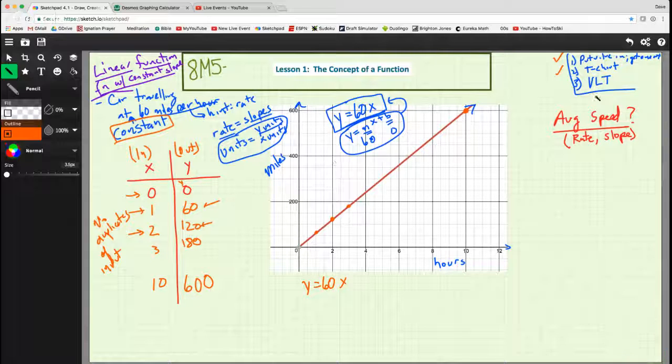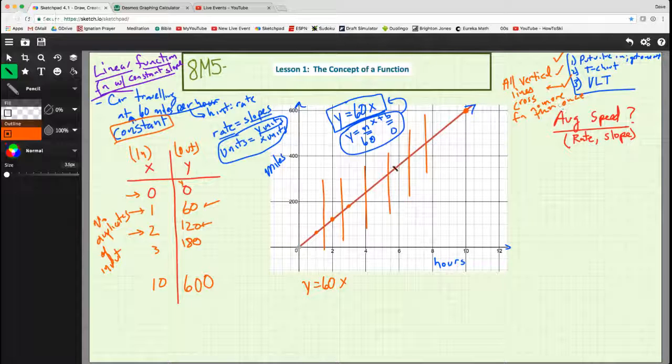And then finally, our vertical line test. Let's try our vertical line test. Anywhere we draw a vertical line, all vertical lines cross the function no more than once.